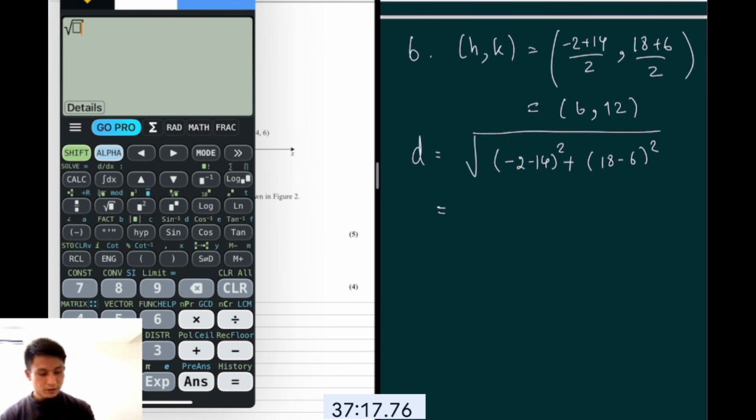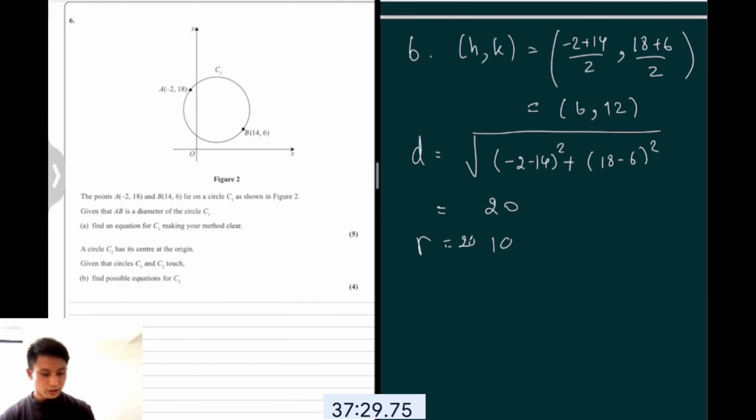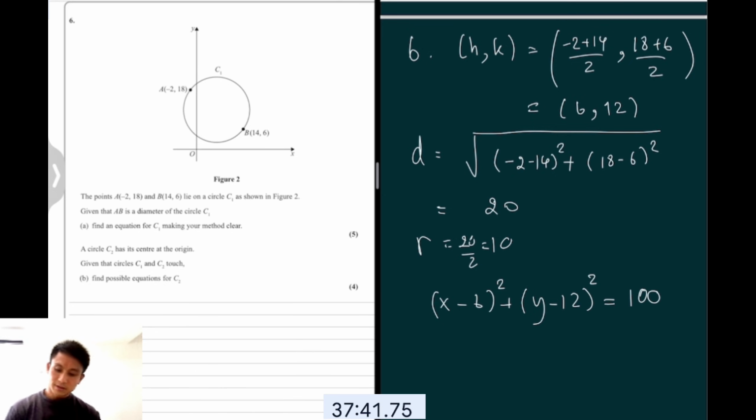Minus 16 squared is the same as 16 squared, and then 12 squared. That gives me 20, so r is 10, or 20 divided by 2, of course. That means the circle equation would be (x minus 6) squared plus (y minus 12) squared equals 100. That's done.